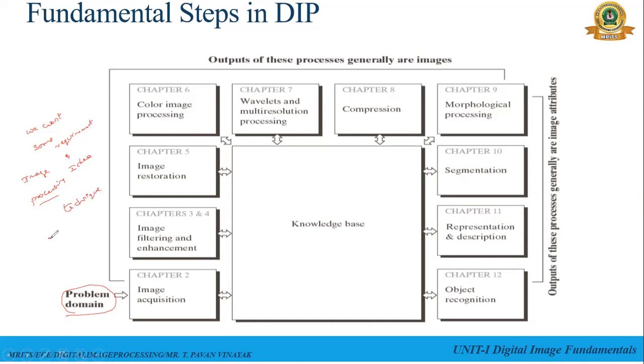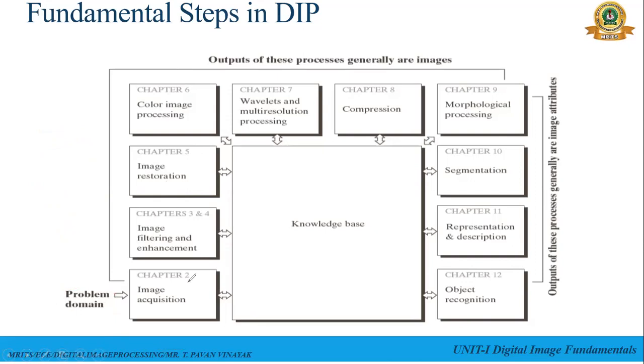That is the problem domain and knowledge base. Based on the knowledge base and problem domain, out of these steps, we will select any one and apply it on images. Let us see what the basic steps are.